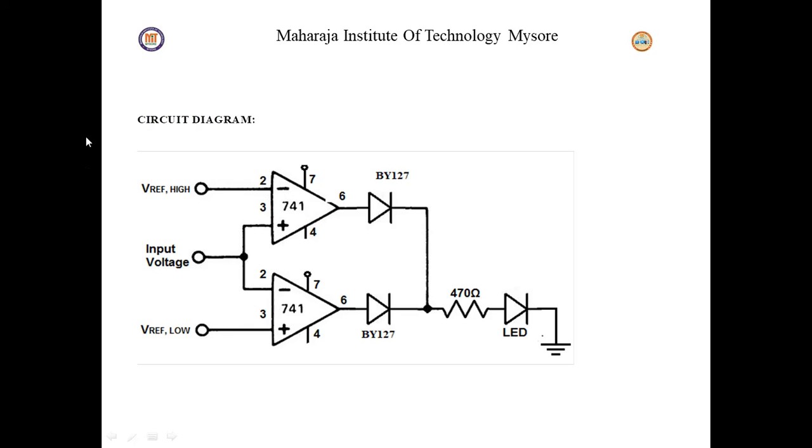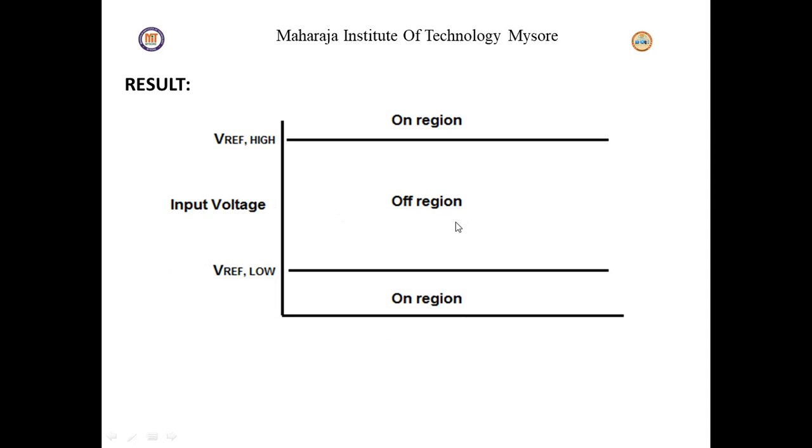When the input voltage crosses the limits, the diodes go forward biased. When the input voltage is within this range, the diodes are reverse biased, and the output will be 0 volts. At that time it is in the off region. When it crosses the limits, it is in the on region.